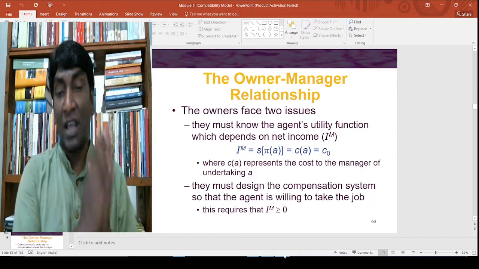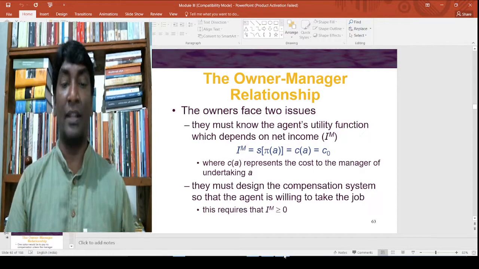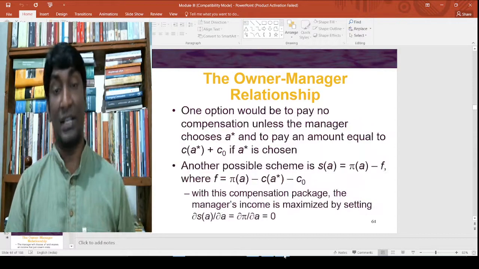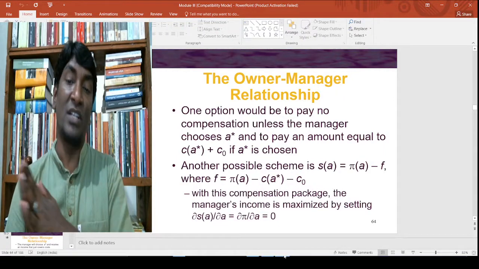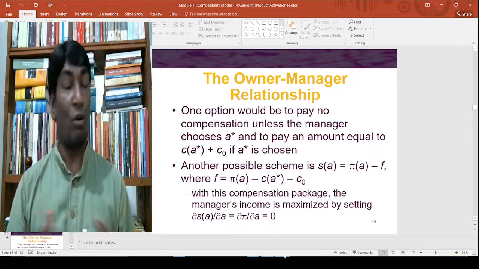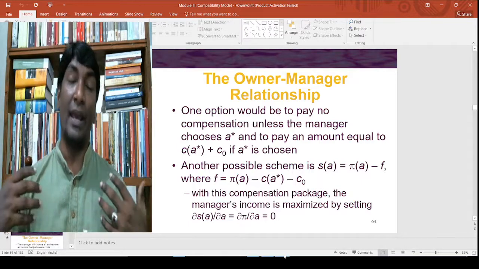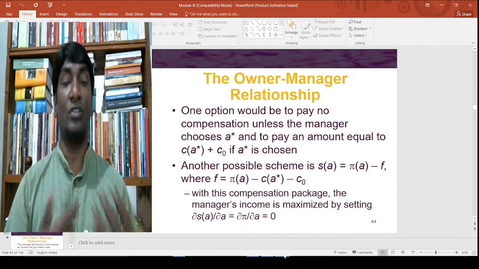They must design the compensation system so that the agent is willing to take the job, and this requires that IM is greater than or equal to 0. So one option would be to pay no compensation unless the manager chooses A star, and to pay an amount equal to A star plus C0 if A star is chosen.